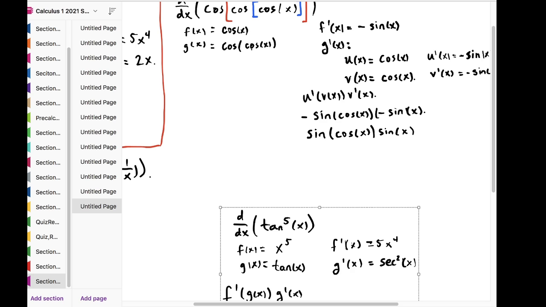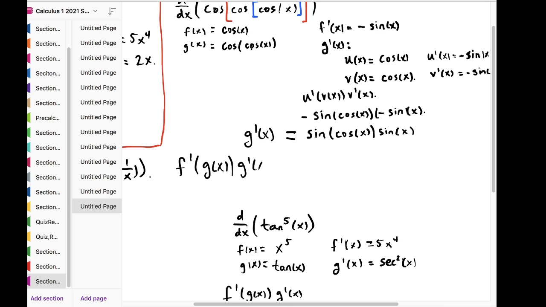Okay, so let's do the chain. So all of this is g prime of x. So what is f prime of g of x times g prime? So you should be very careful about plugging things in. So f prime is negative sine.